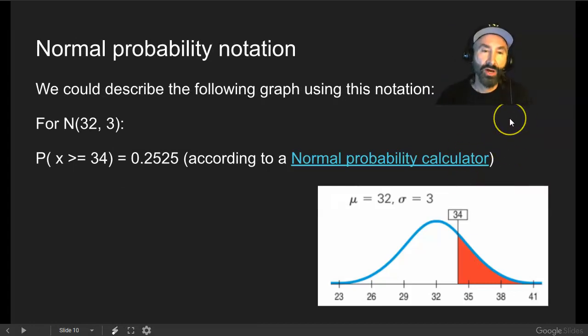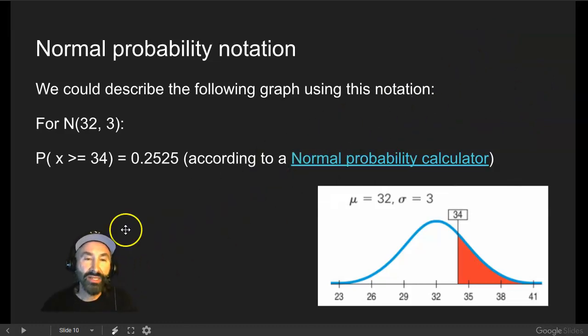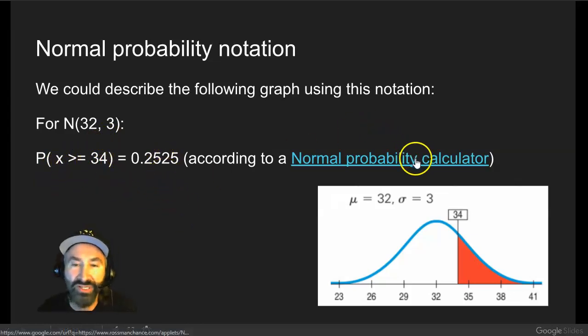All right, so one final example along these lines, just to be perfectly clear, is that if you did the calculation, if you had a normal distribution with a mean at 32, a standard deviation at 3, and you wanted to know the probability that x is greater than or equal to 34, you could use the normal probability calculator.